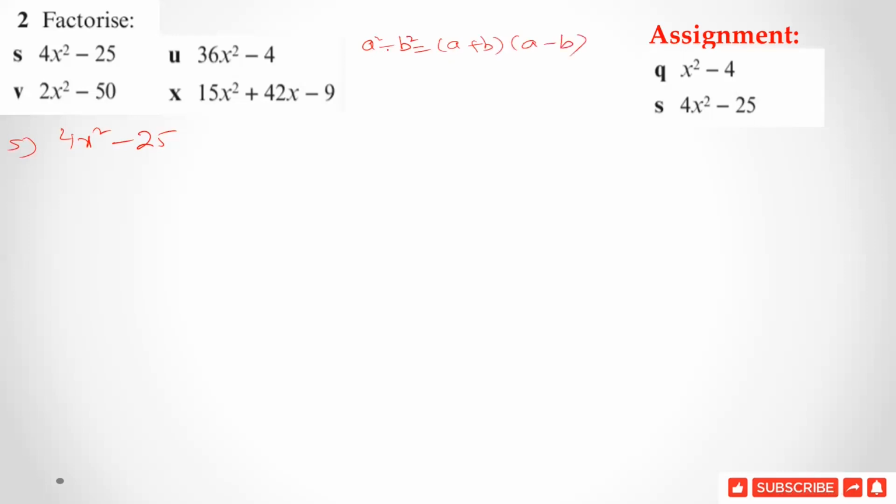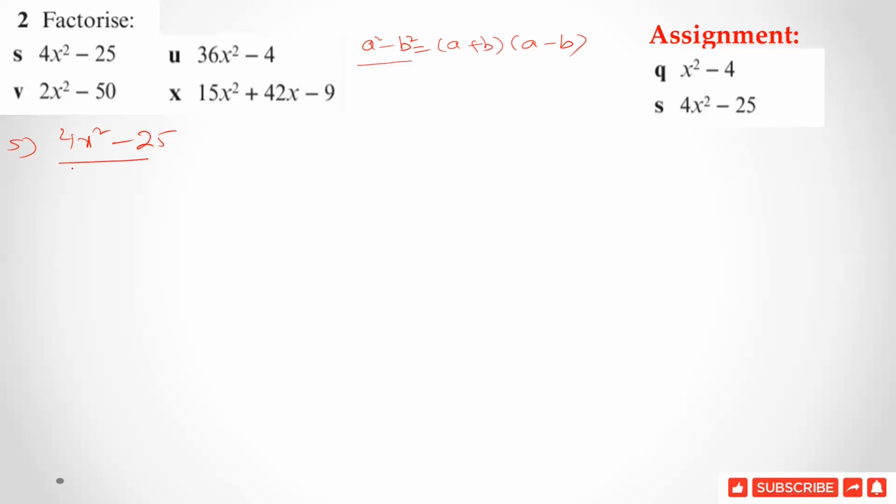Whenever you have two terms like a squared minus b squared, this will always be equal to a plus b times a minus b, or a minus b times a plus b. For that purpose, we shall convert the given expression into a squared minus b squared form.